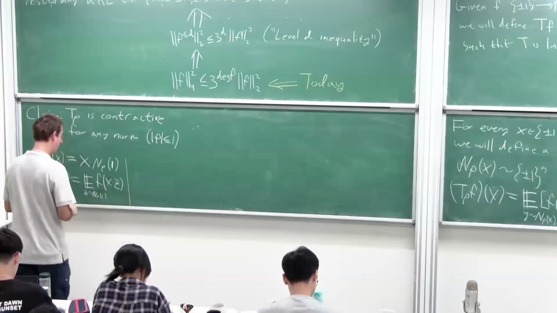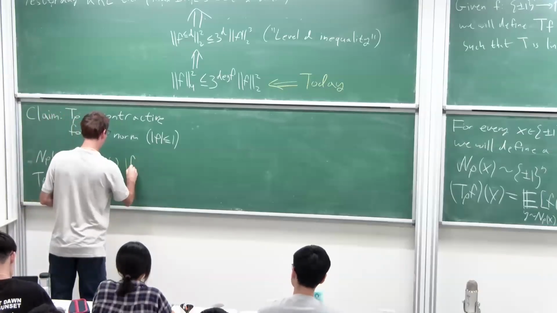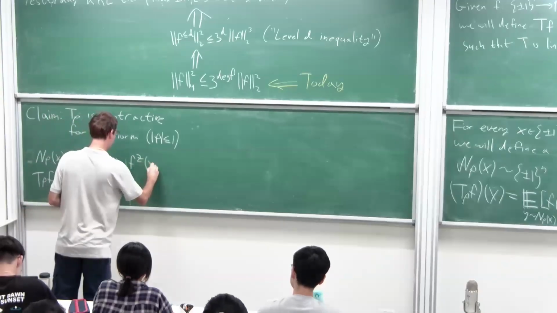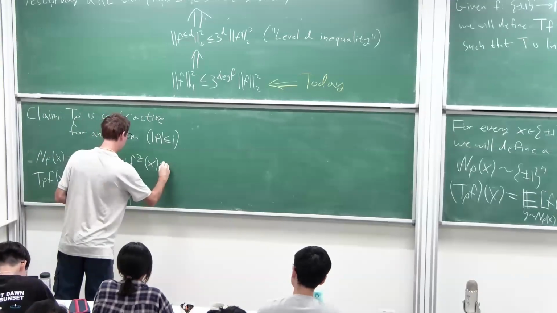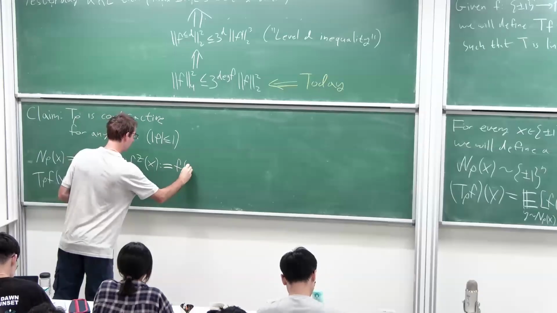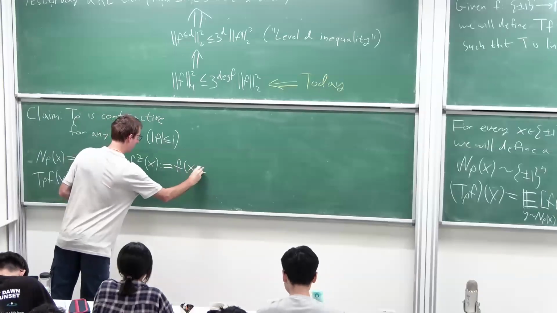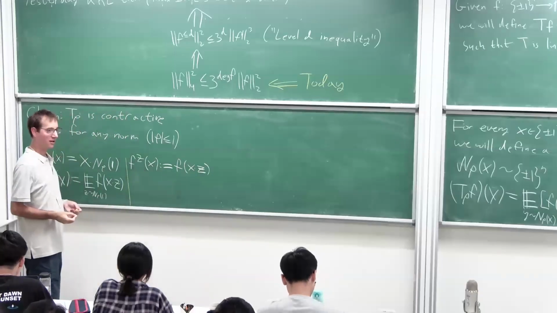Now we define f_z of x to be f of x times z. So this is just a shifted version of f.